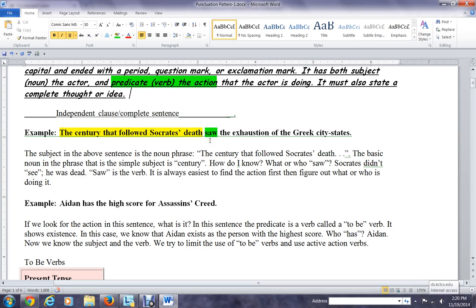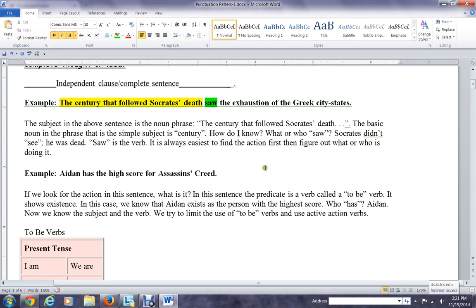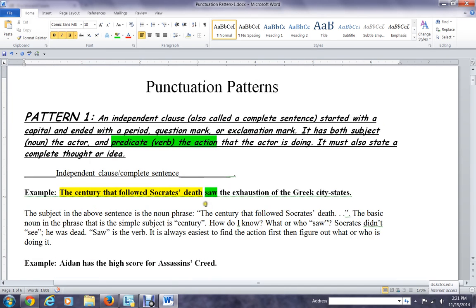If you apply that to your own sentences, then you'll begin to get practice and you won't have to work so hard at it. But if you continue to work on it, especially in the last essay, when I'm going to be grading on this even more, you may not do as well. And you have this in a handout called punctuation patterns.